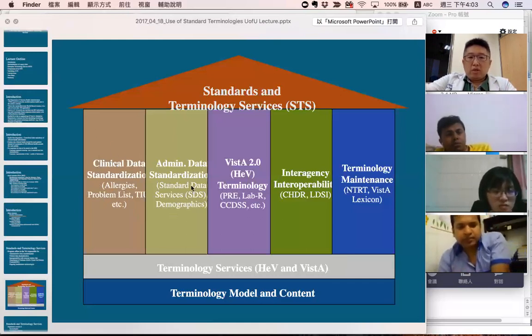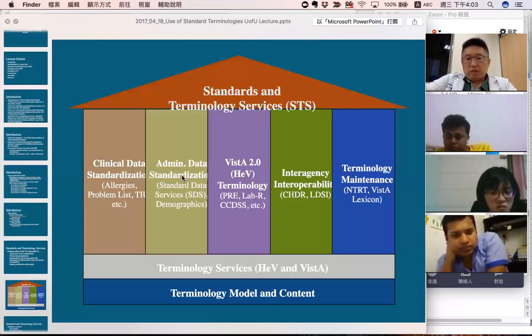And the second big chunk is the administrative data. For our medical informatics, we seldom discuss this field, but for operational use, the administrative data is also very important, like the race.